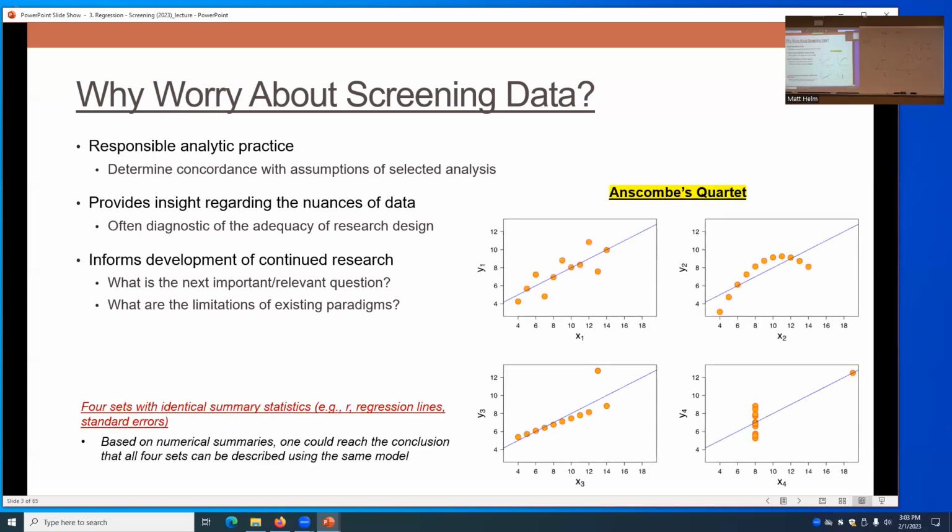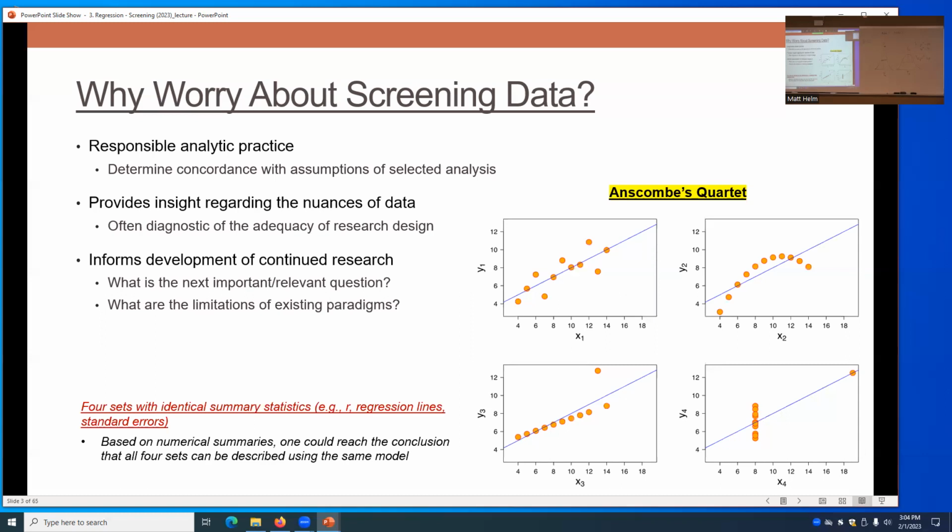So there's cool stuff that you can glean just by working through your data screening, okay? Now, in the extreme, you can get very different and misleading results based on the data. So this is a famous, standard set of relations between two variables, X and Y, okay?